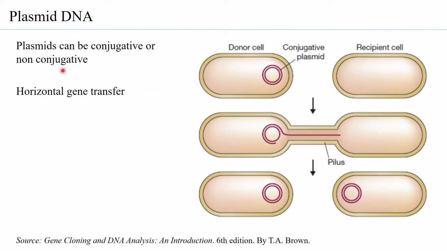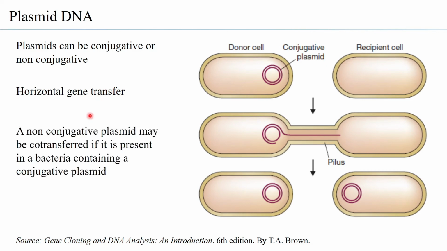Now, there are non-conjugative plasmids. That means the plasmids do not have genes that enable them to form a conjugation tube. And since they are not able to form a conjugation tube, the non-conjugative plasmids will not get transferred to a recipient cell.